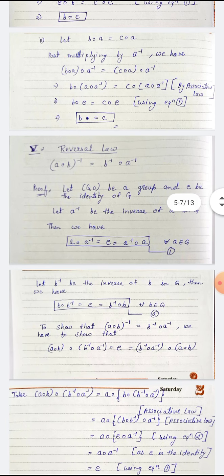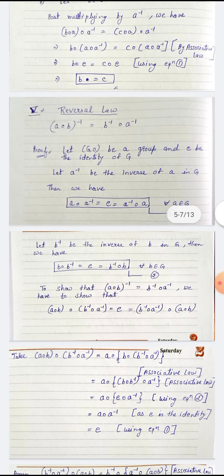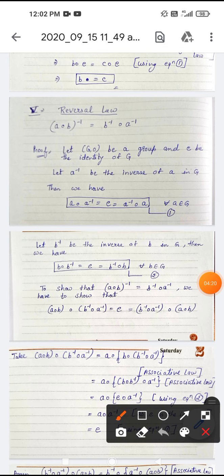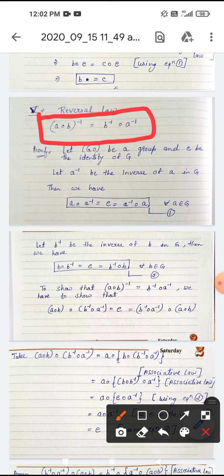Next property is called reversal law. This is a very important property of group. Reversal law: in a group, inverse of A operation B is equal to B inverse operation A inverse.